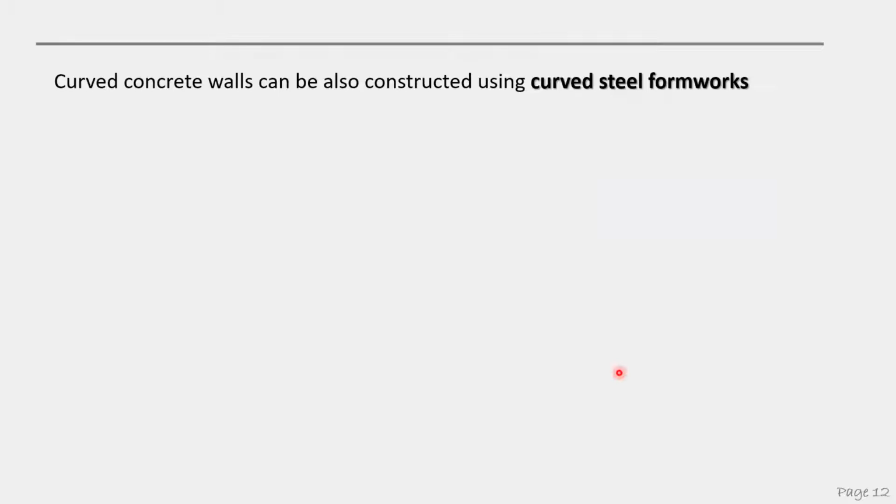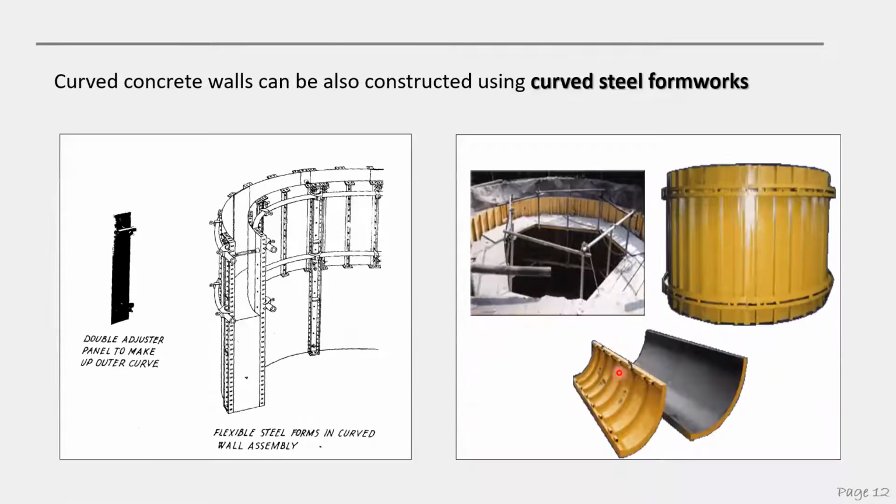Also, if you have a curved wall, it can be done using steel formwork. Like this, you have a curved wall. It is cut or designed into small sizes so that it can form the curve of the wall. So these are the details.